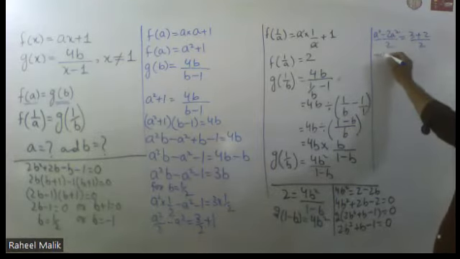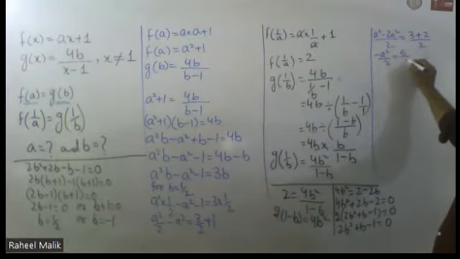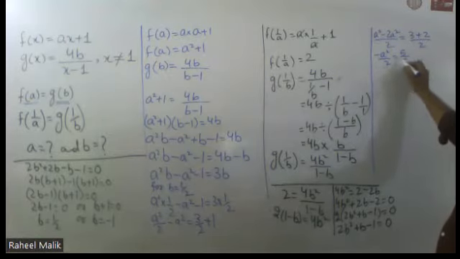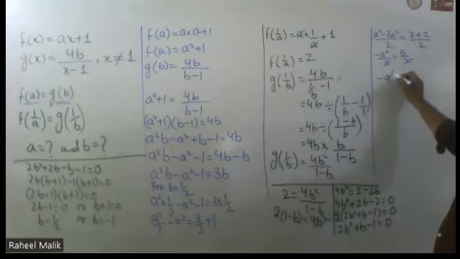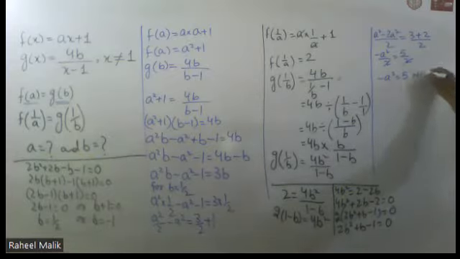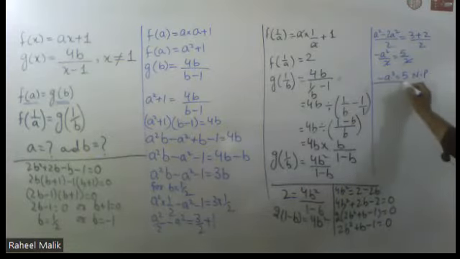A square minus 2a square will become minus a square over 2 equals 5 over 2. When I simplify this, 2 and 2 will get cancelled. Minus a square equals 5, which is not possible. So I will not continue with this value.